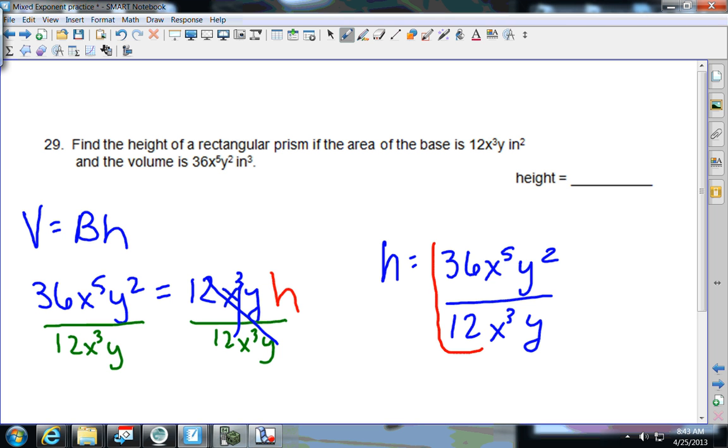First, you're going to take 36 divided by 12. That's going to give me 3. Then subtract your exponents, x to the second power. Then y squared minus y to the first power, that just gives me a y. So my height is 3x squared y.